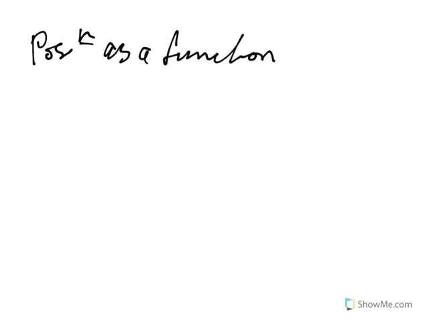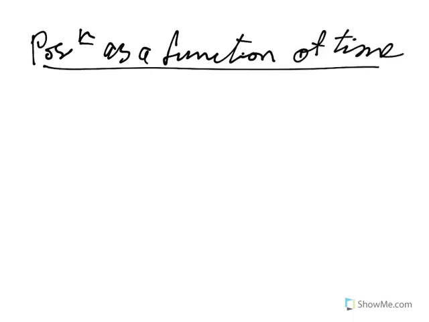Alright, one more thing, and that is position as a function of time. So all that means is that we have our position written as an equation. So it might be something like this, for example.